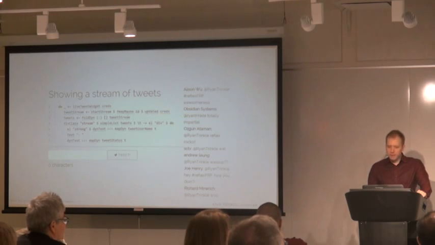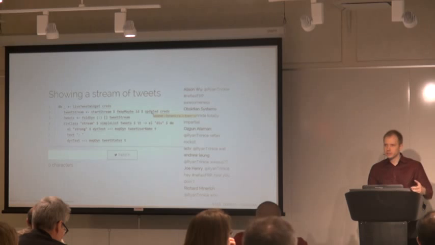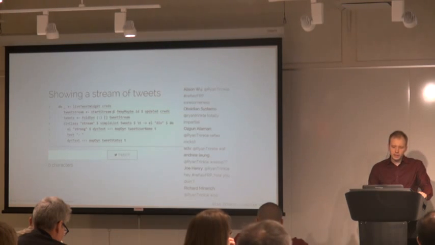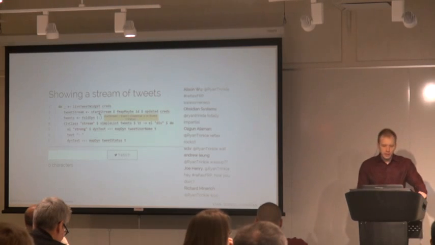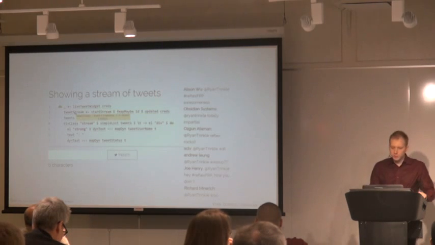Then we're going to fmap maybe the identity function, just because we want to throw away any updates that are changing the credentials to not present. This is only going to fire when we have valid credentials, and then we're going to call start stream. Start stream is going to open a WebSocket connection and return an event that fires whenever we get a new status.